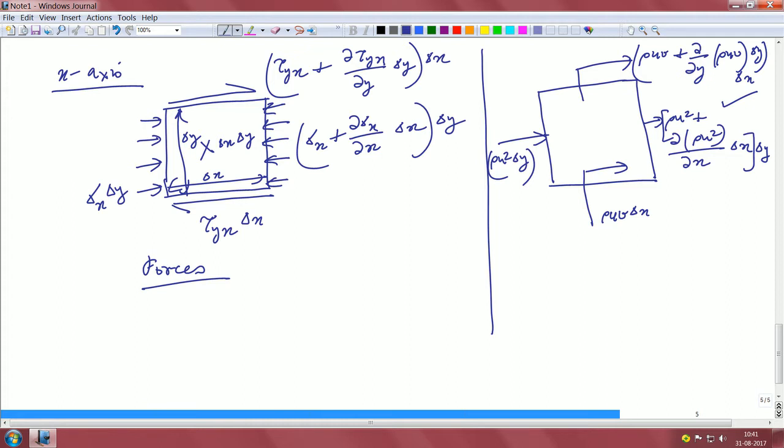So, in the x direction, when you look at the x direction momentum equation, these are the two principal players. This gives you the force Fx, and this gives you the momentum flux that is coming in and out.